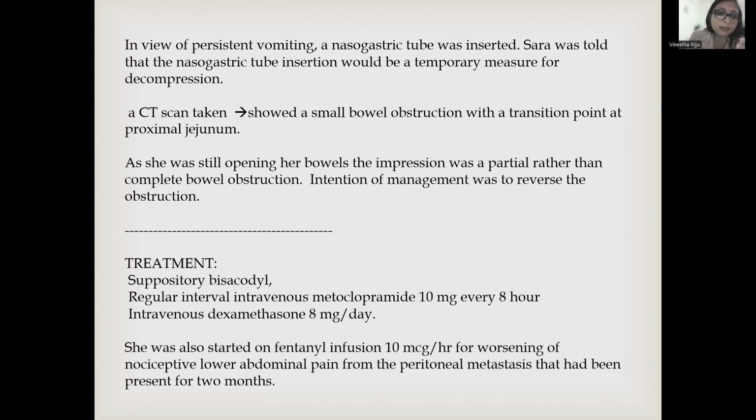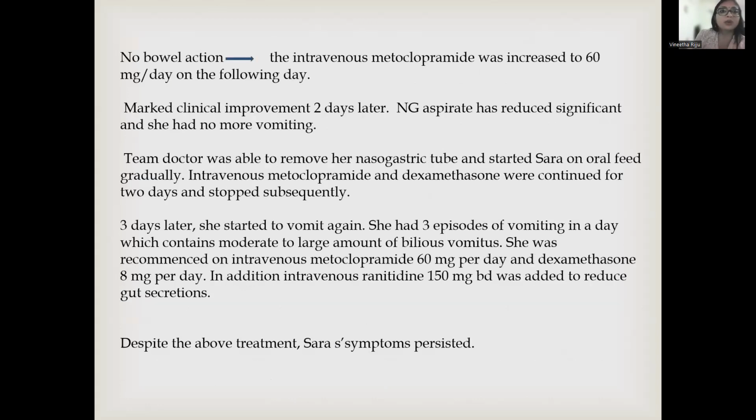So that's what happened. She was started on a fentanyl infusion for worsening lower abdominal pain. Then, no bowel action. The intravenous metoclopramide was increased, and there was clinical improvement two days later.